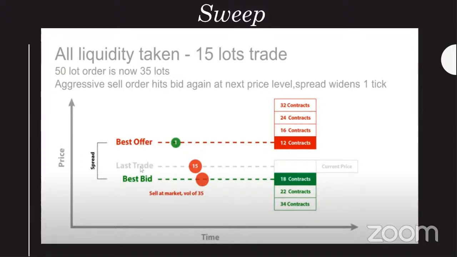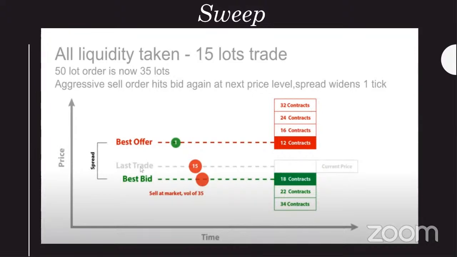So we still have our best offer with 12 contracts waiting to get executed with 12 limit order contracts. Now somebody hit a market sell order for 15 contracts and they executed on the best bid. So now that liquidity area was completely consumed, and price now moves down, and the rest of the market orders move down to the next best bid.